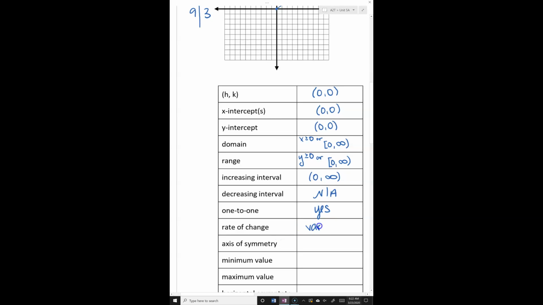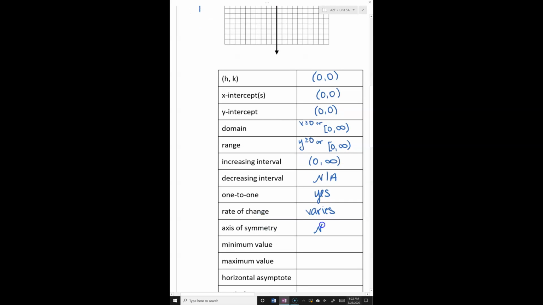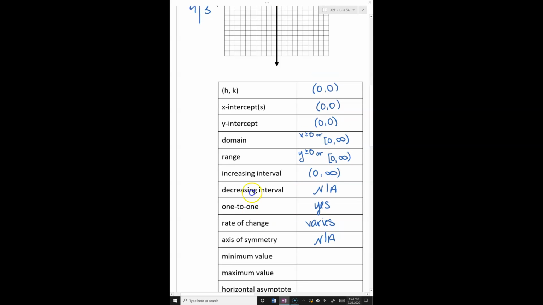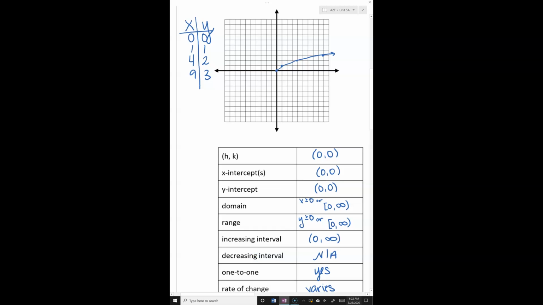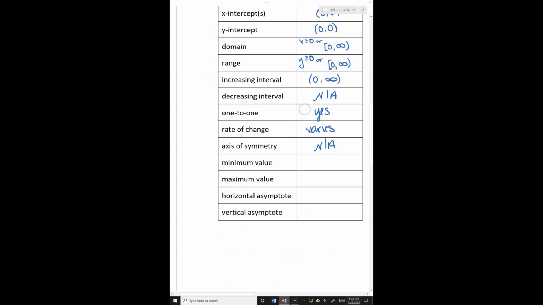The rate of change does vary, and for this one, there isn't an axis of symmetry. It is not symmetrical. If we reflected it, it would be over a line of symmetry, but there's no need to get fancy. There's a minimum for this one. Our minimum is our k value. There is no maximum, and there aren't any asymptotes.